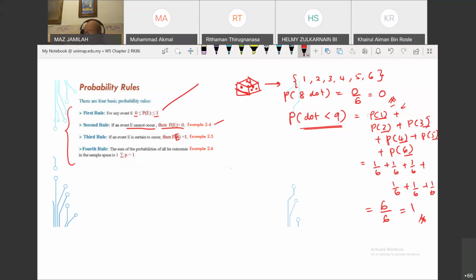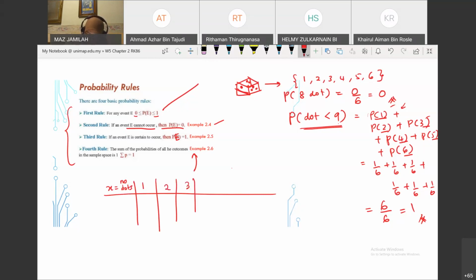Okay, and the last rule is what we call the sum of all probabilities is 1. So if you are talking about the probabilities of getting the dots, let's say x is reflecting the number of dots. You may get 1 dot, 2 dots, 3 dots, 4 dots, 5 dots, 6 dots.